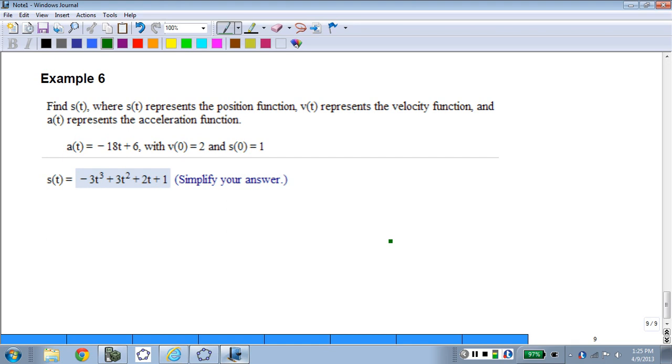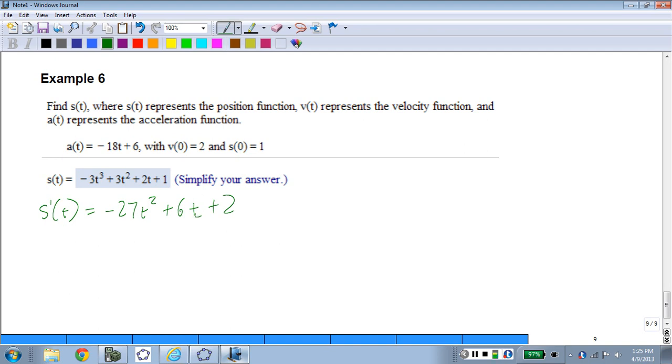Well, we don't have the position function, we're supposed to be pretending that we don't see this right here, but hopefully it's the right answer. But if we had the position function and we take the derivative, we would get negative 27t squared plus 6t plus 2.